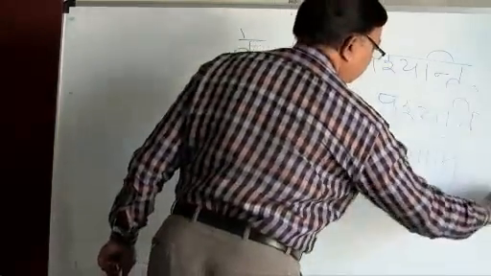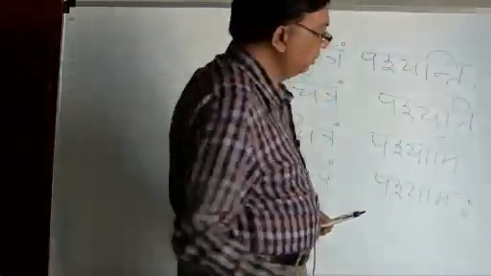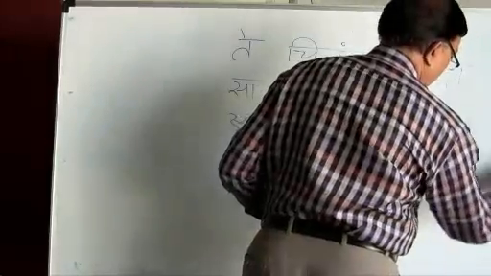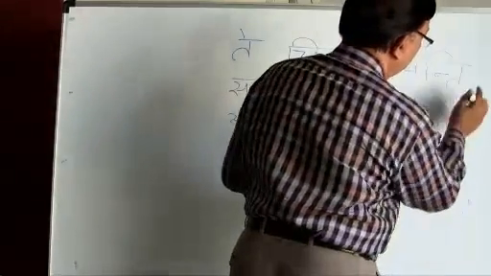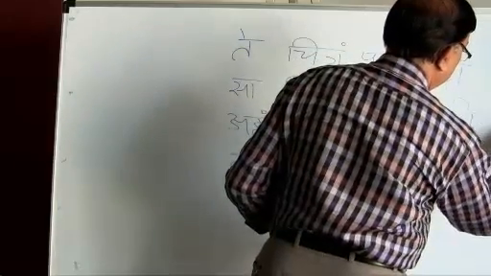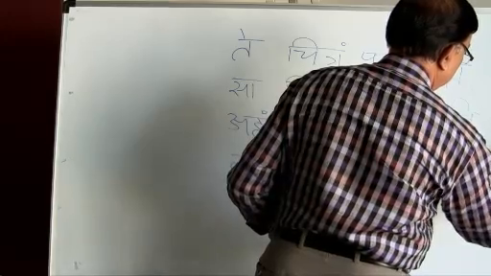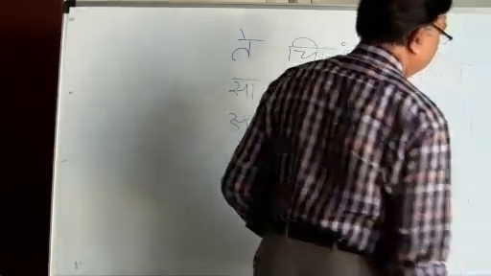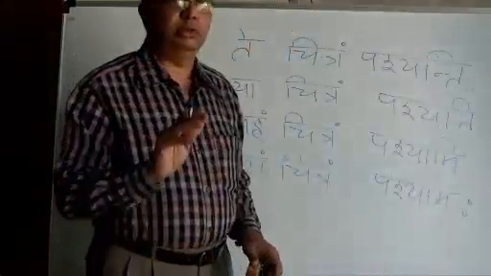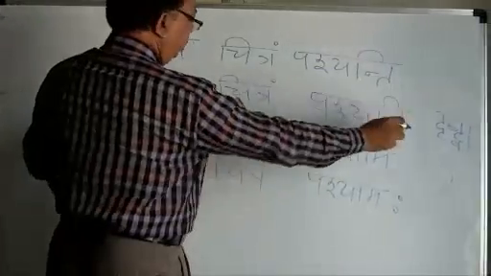Now for all these verbs, only one verb is there. That is, tvanta is only one. You have only this. Verb is the same. Drushtva. Only one. Te chitram drushtva. Sa chitram drushtva.